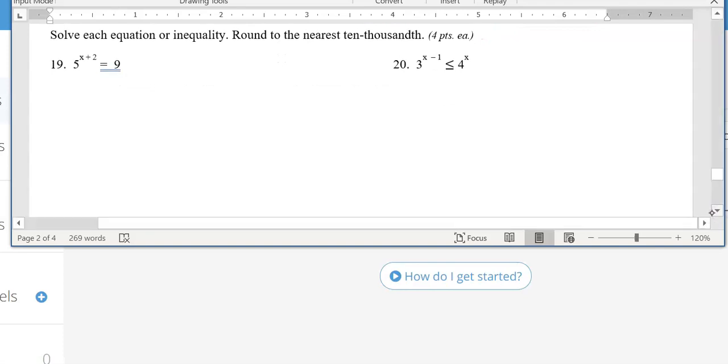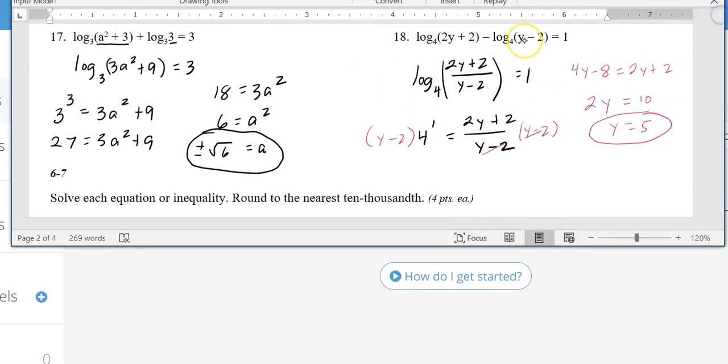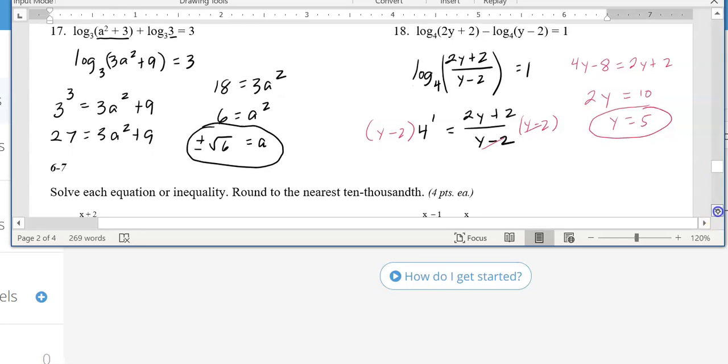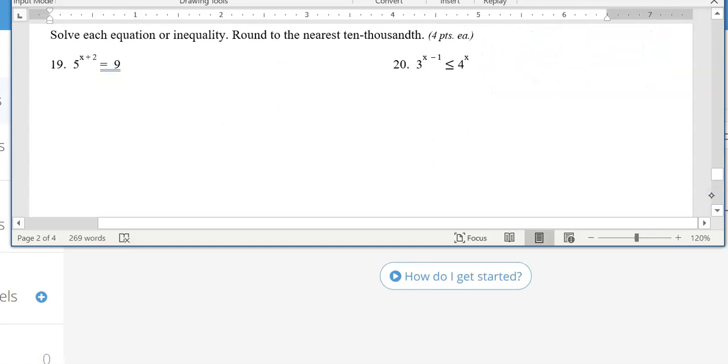On number 19, these are exponential equations, so I want you to see the difference. We ended up taking log equations and eventually turning them into exponential. In both cases, a log equation became an exponential equation. Well, just the reverse is happening here. Exponential equations or inequalities are going to become log equations.